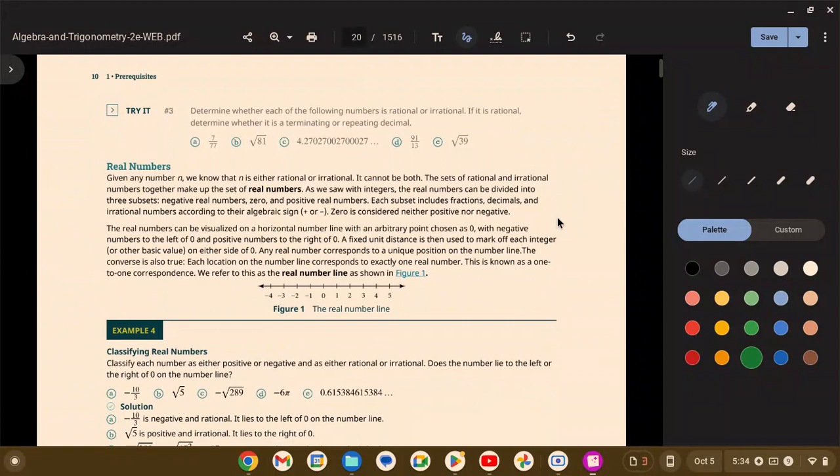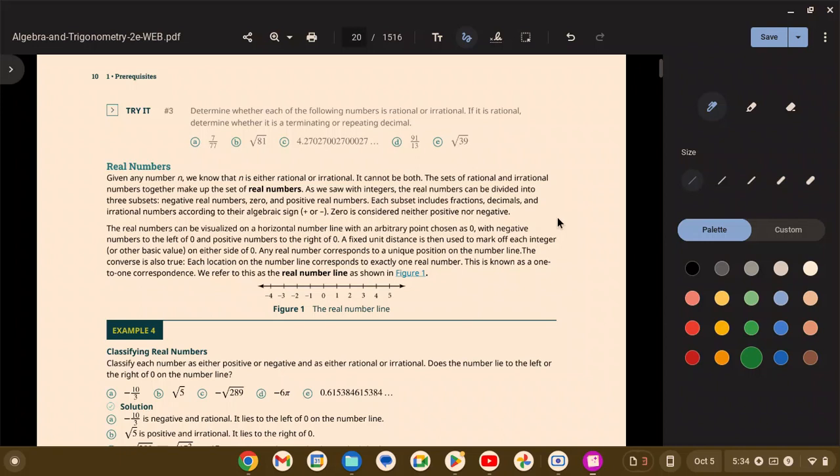As we saw with integers, the real numbers can be divided into 3 subsets: negative real numbers, 0, and positive real numbers. Each subset includes fractions, decimals, and irrational numbers according to their algebraic sign, positive or negative. 0 is considered neither positive nor negative.